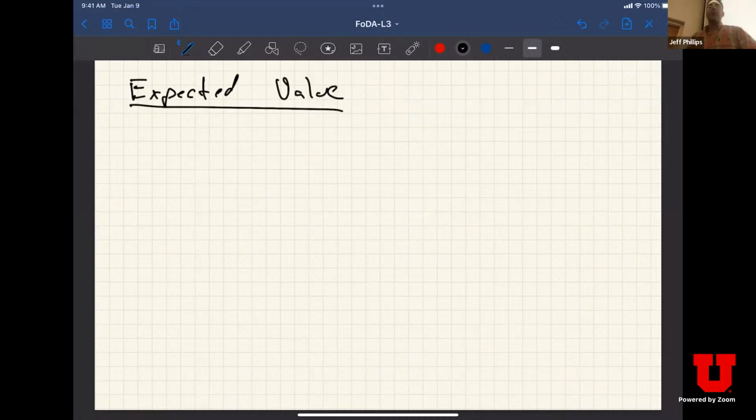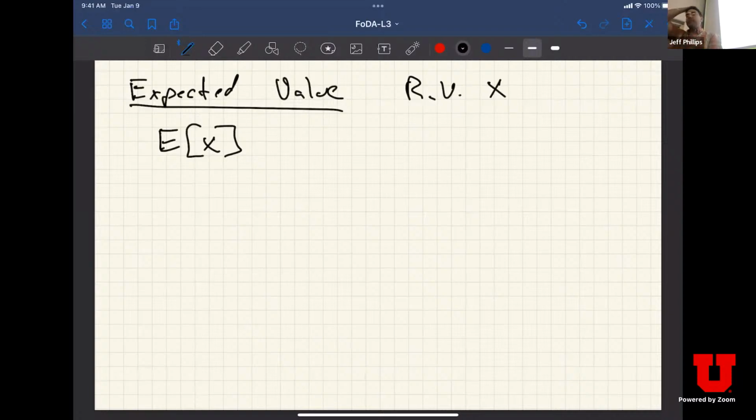Okay, and the reason we need to talk about random variables is because you often talk about the expected value of a random variable x, right?